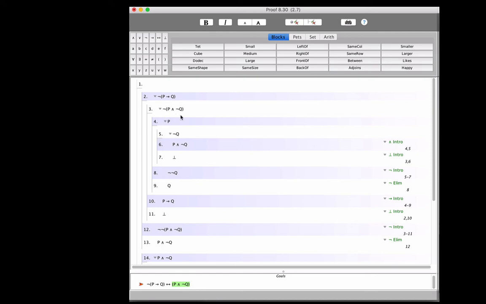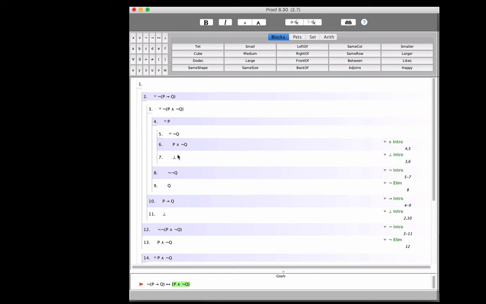That's line 3. What you then need to think about is how you're going to generate a contradiction so that you can get out of the subproof at line 11 so that you are in a position to finish the sequence that is the first half of the biconditional intro sequence.